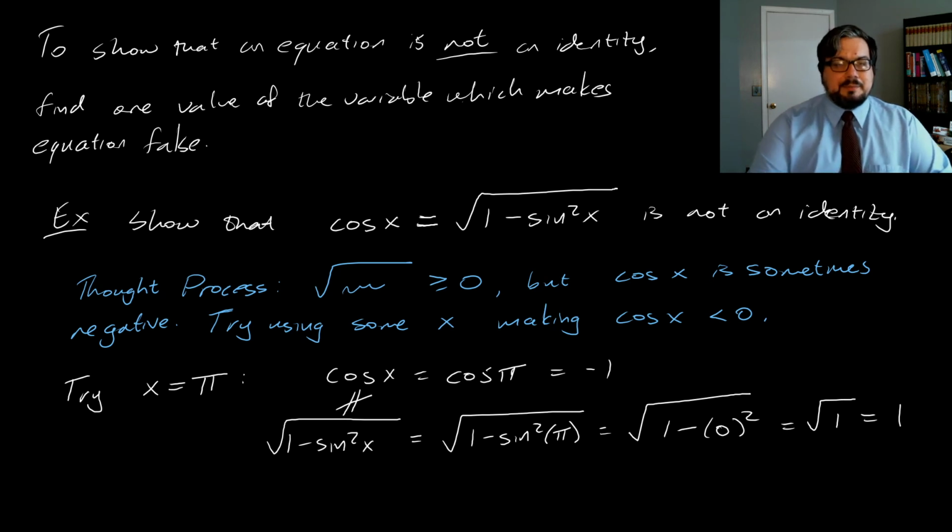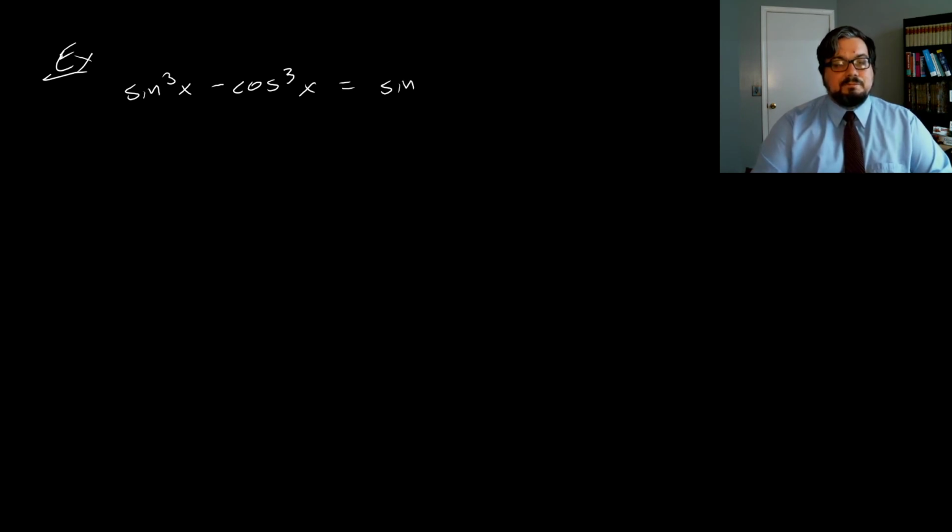Let's see another example. So let's look at sine squared x. I'm sorry, I wanted sine cubed x. We want sine cubed x minus cosine cubed x equals sine x minus cosine x.